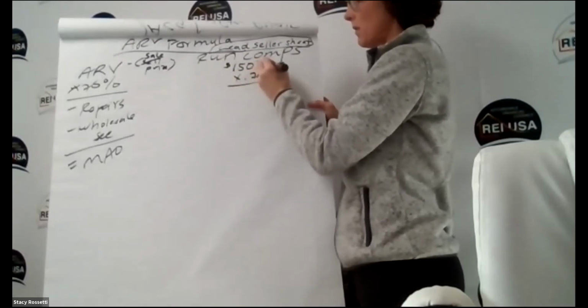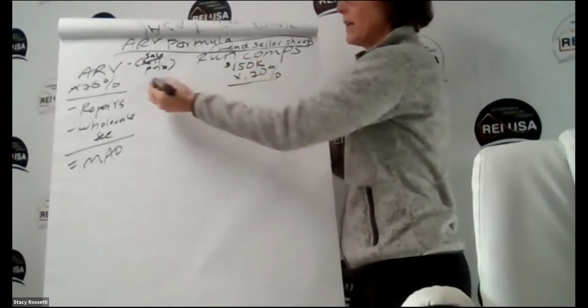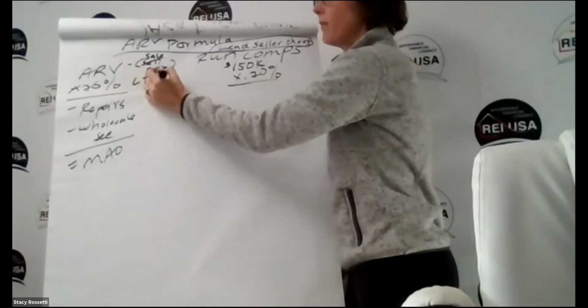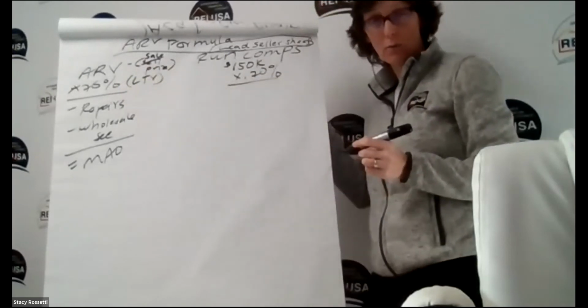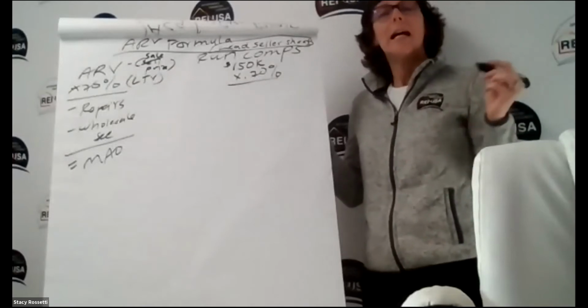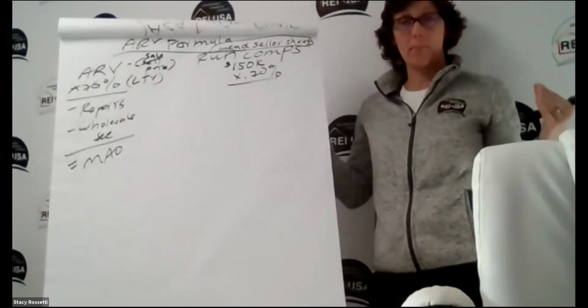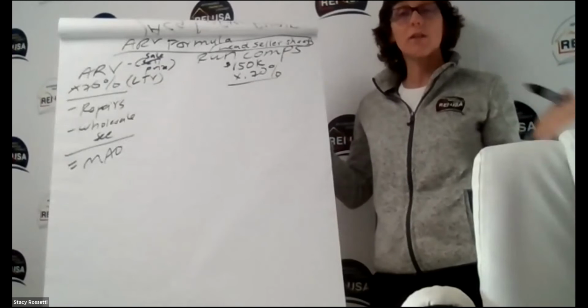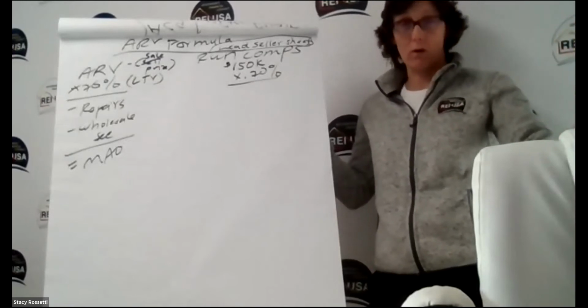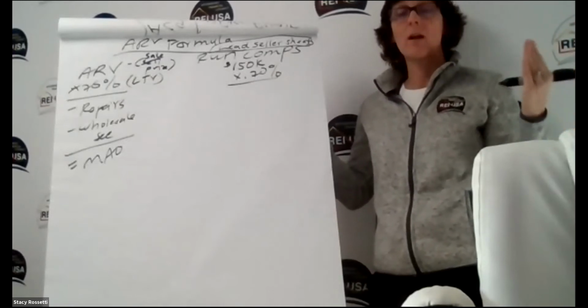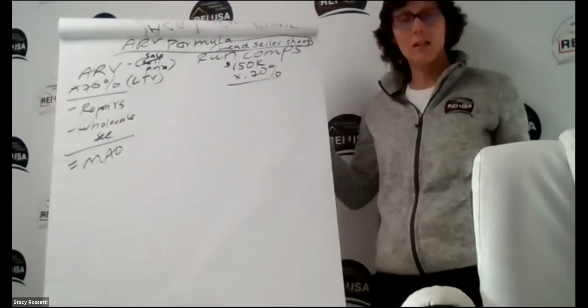by 70%. This number right here is called LTV, loan to value. Essentially, this is the number that the lender is going to lend you the money for. The lender's going to lend you 70 cents on the dollar.